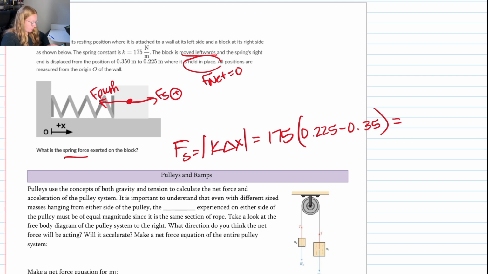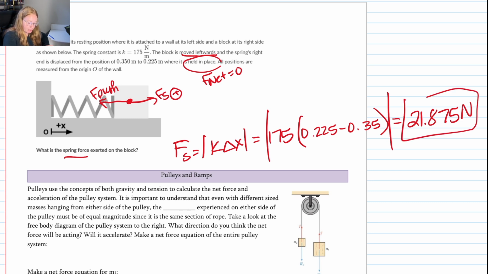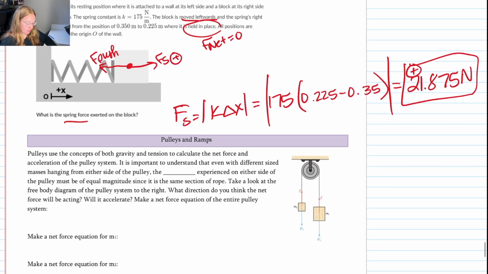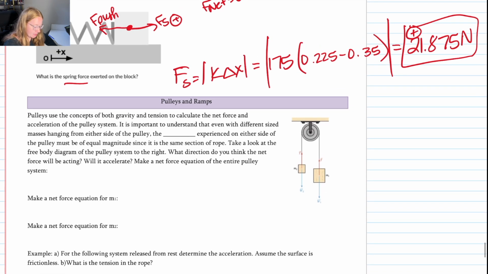Okay, so when I type that in my calculator, I did get a negative answer, but we're taking the absolute value and just refer to your free body diagram. My free body diagram points it to the right, so I'm just going to say that that definitely should be positive. So just refer to the free body diagram to think about whether you want to keep the negative or make it positive. Okay, so that's it for springs.